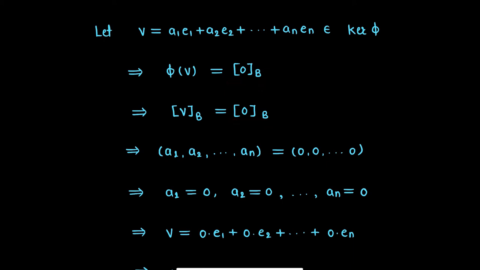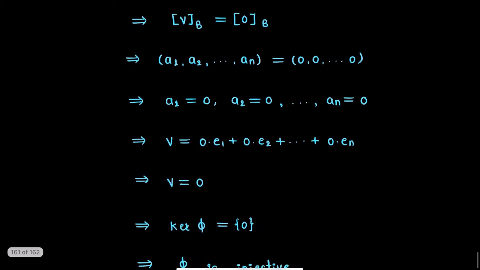Now the coordinate of vector v with respect to basis B from here will be the vector a1, a2, up to an, and the coordinate of the 0 vector with respect to basis B, we all know, is the vector 0, 0, up to 0. Now since these two vectors are the same, we have a1 is equal to 0, a2 is equal to 0, up to an is equal to 0, since their coordinates are the same.